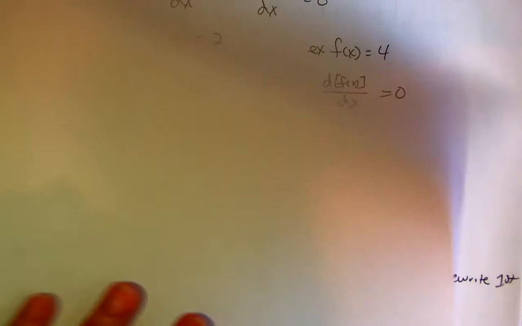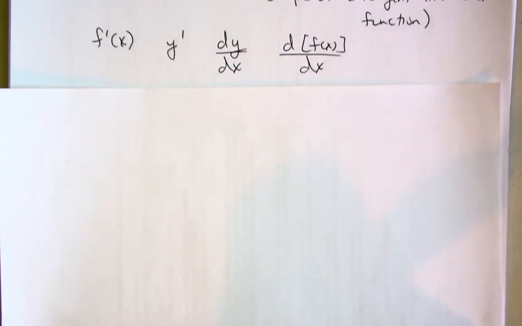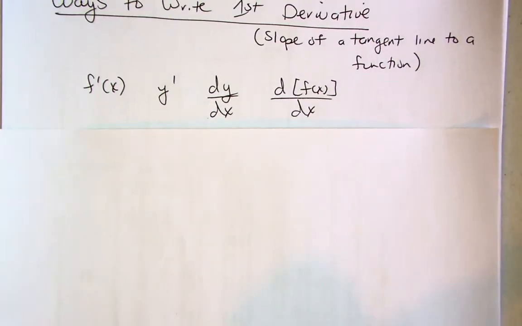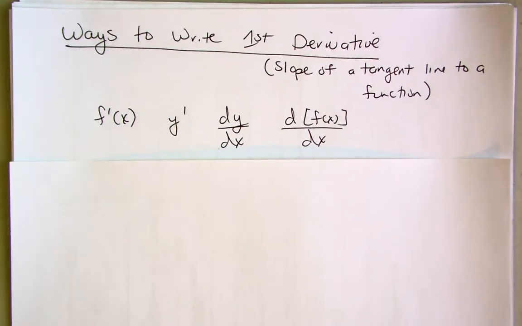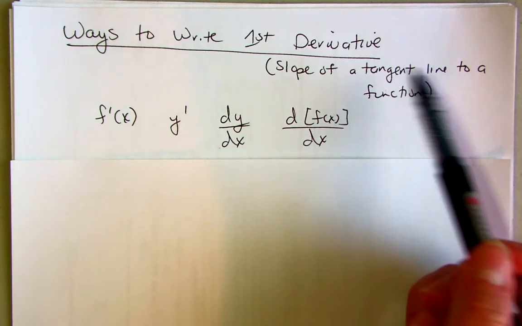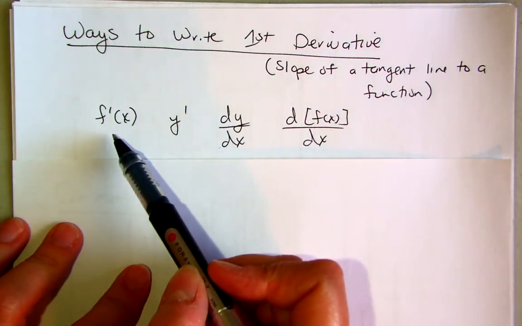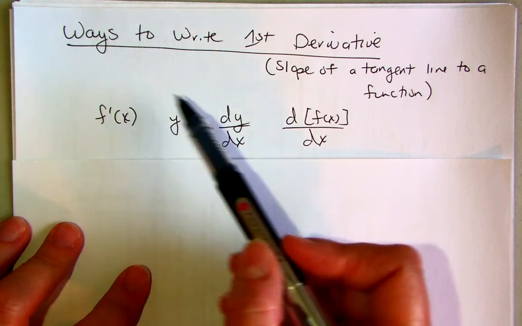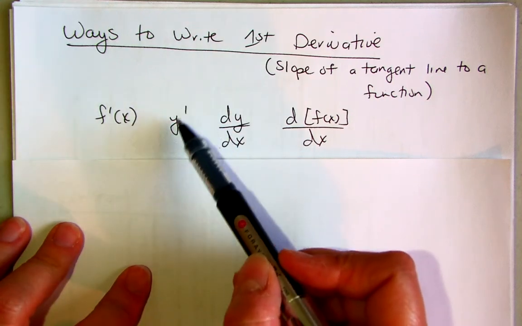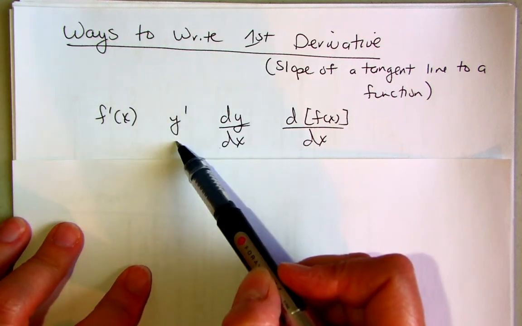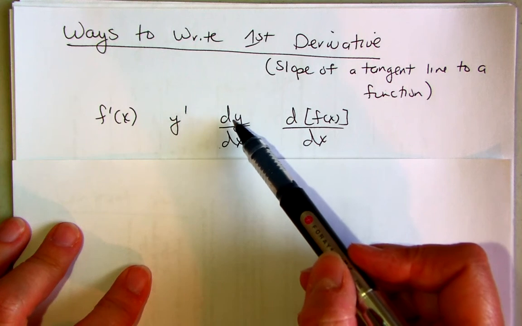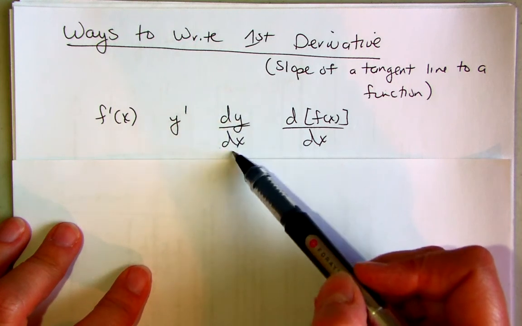Before I begin, let me go over the different ways that you might see the first derivative being written, which again is the slope of a tangent line to a function. So you've seen it like this. If I gave you f of x, if I give you y, I could put y prime, and that means first derivative. This means the derivative of y with respect to x.